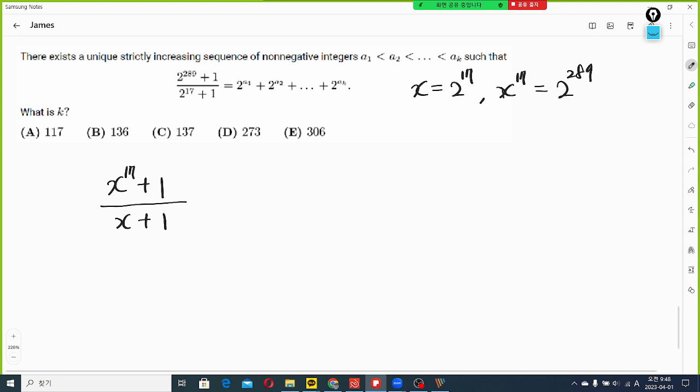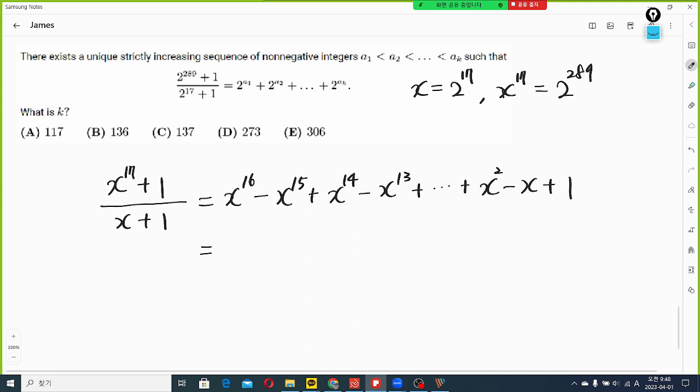This way. So if we divide x to the 17th power plus 1 by x plus 1, if we use synthetic division, we can say that the plus and minus signs are alternating.